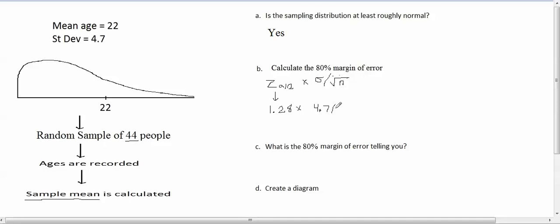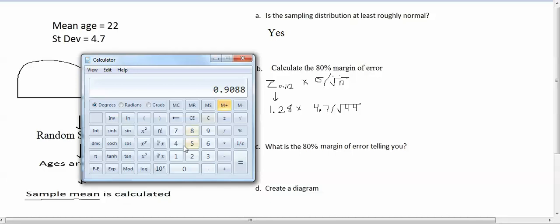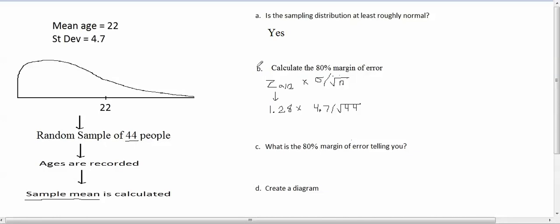It's 44. Now that I've plugged in all three numbers, I need to find the square root of 44. Square root of 44 is 6.63, rounded to two decimal places.